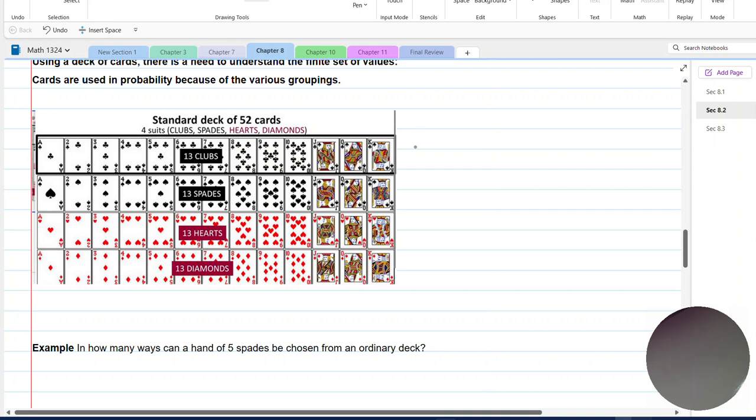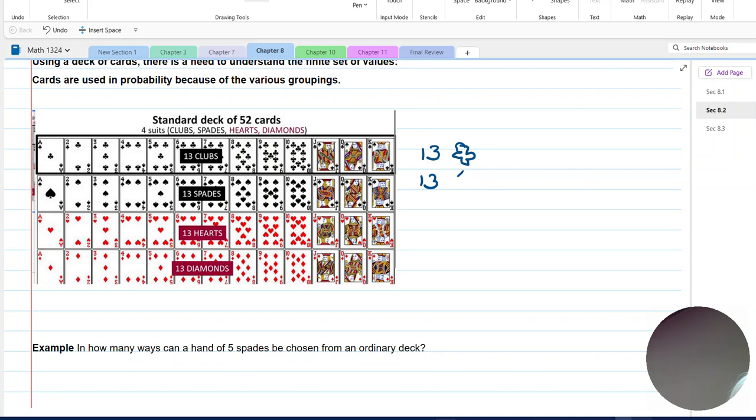A deck of cards has 13 clubs, 13 spades, 13 hearts, and 13 diamonds.